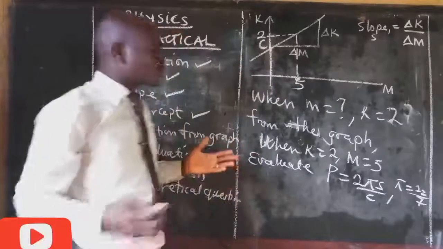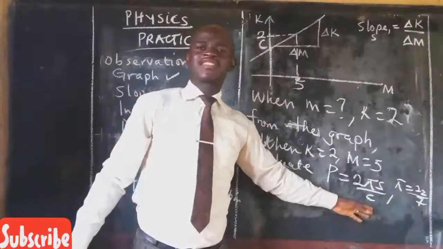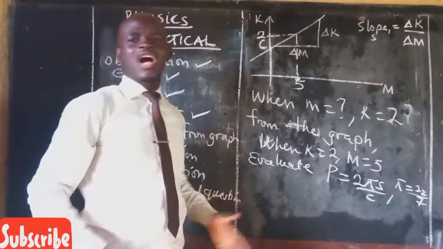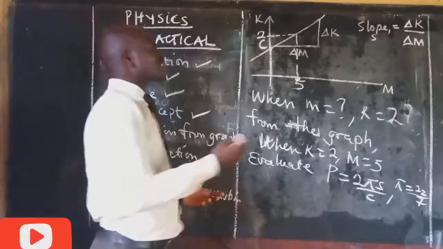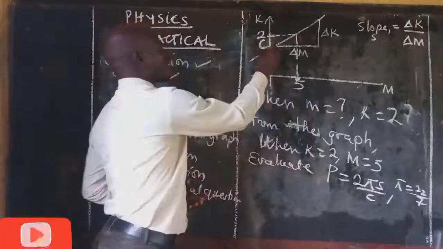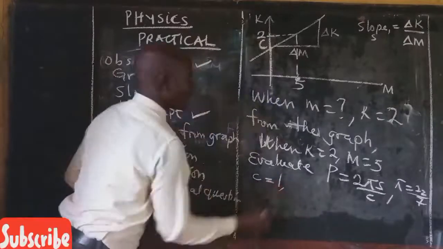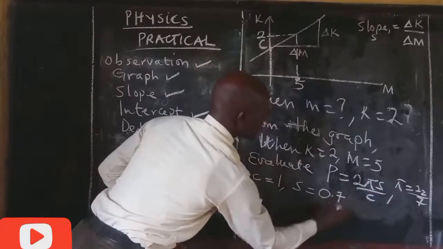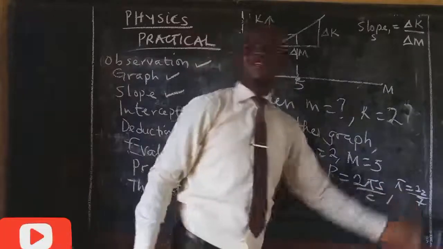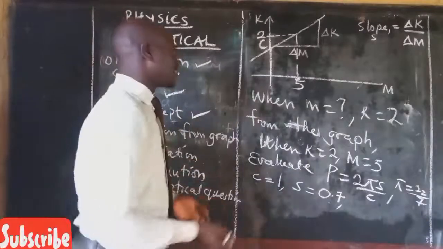Now, you will just substitute the value of S and the value of C into this equation, and you find your final answer. So let us assume that the value of our C is 1, our S is 0.7, and we have been given the value of pi to be 22 over 7.